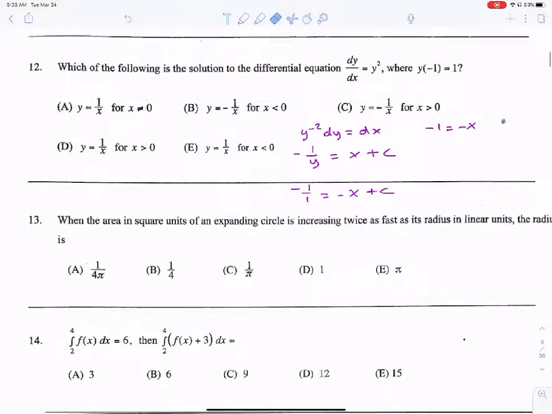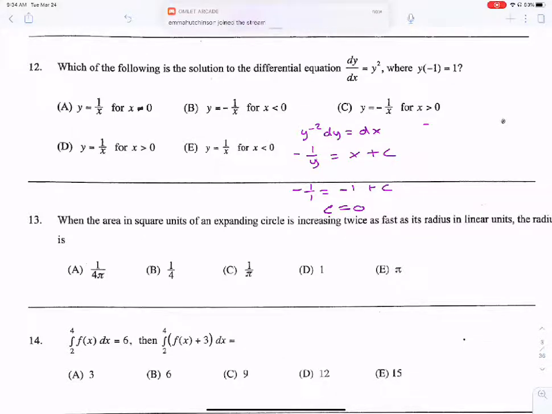Let me clean that up. Maybe it's a little bit too early to start here. So let's put in the numbers correctly. We're plugging in the point (-1, 1). So I get -1 over 1 equals -1 plus c. I think you guys would agree c equals 0. So we get -1 over y equals x, so y is going to be equal to -1 over x.